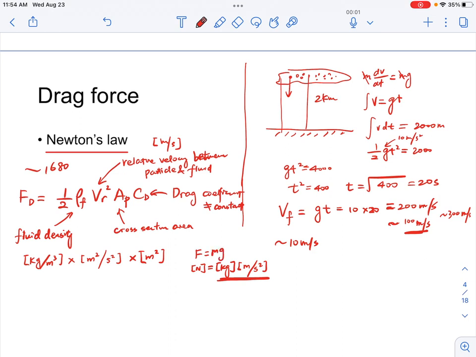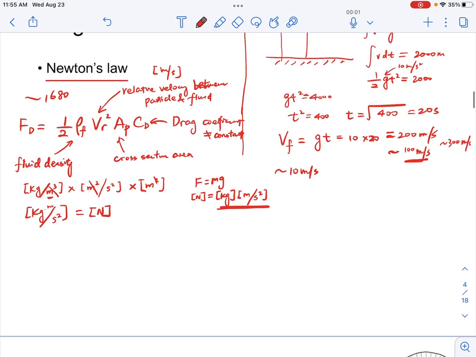You can see that we can cancel some of the terms here, right? This is cubic meter per cubic meter, so you can cancel two of them here, one of them here. So it's directly kilogram per second square, and then kilogram meter per second square. This is going to carry a unit of Newton, right? So according to Newton's law, at least in terms of the unit, it works.